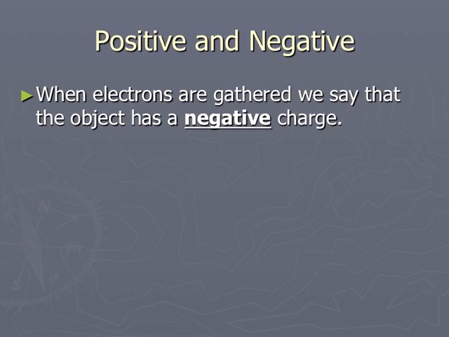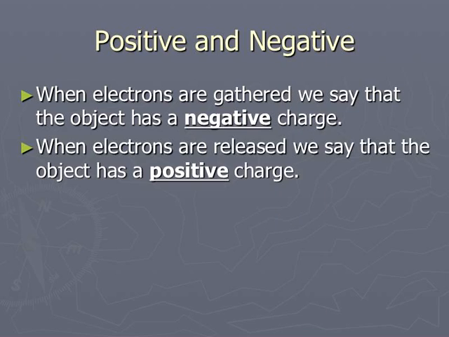And since the only thing that moves is an electron, to gather positive charge, we would lose electrons. So if I'm gathering electrons, we say I'm collecting negative charge, or if I'm releasing electrons, we say I'm collecting positive charge. It seems backwards to say collecting positive charge when I'm losing electrons, but that's really the way it is.